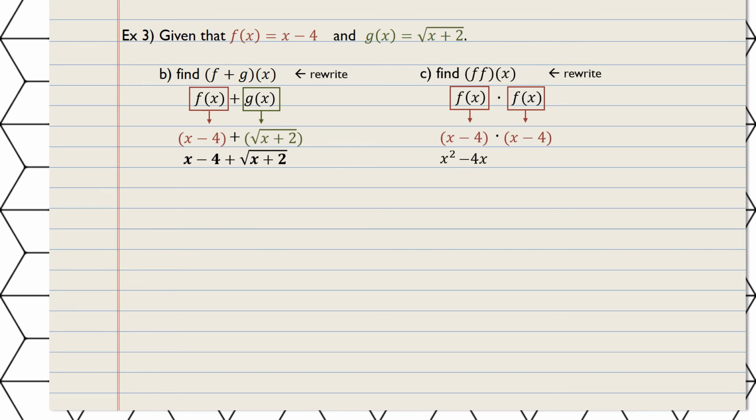Now we distribute -4. -4 times x is -4x. -4 times -4 is +16. We now have 4 terms, and we try to simplify if possible. Notice your middle terms can combine, and now you have x squared minus 8x plus 16.